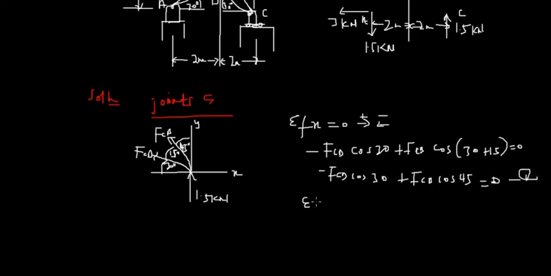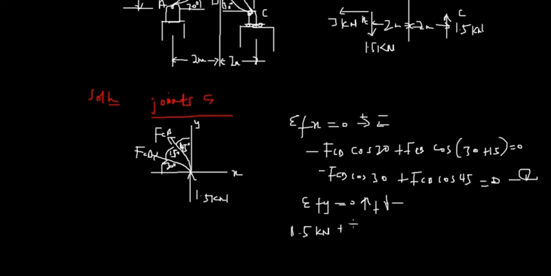Let's move on to the y direction. Anything upwards is positive, the reverse is negative. So we have 1.5 kilonewtons, and then FCD acting in the y direction. Most definitely your guess is as right as mine, that's sine.